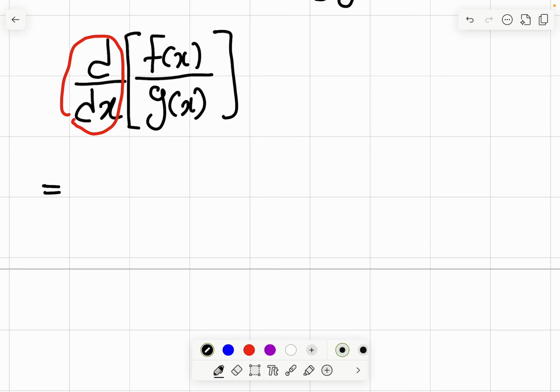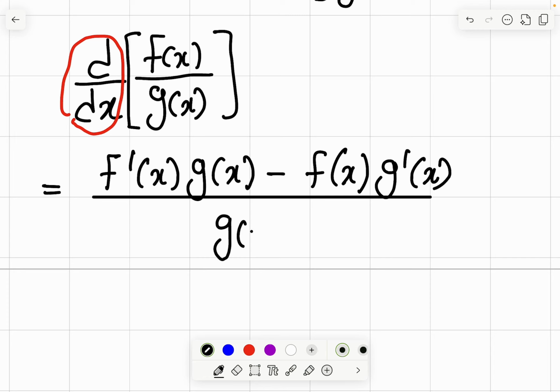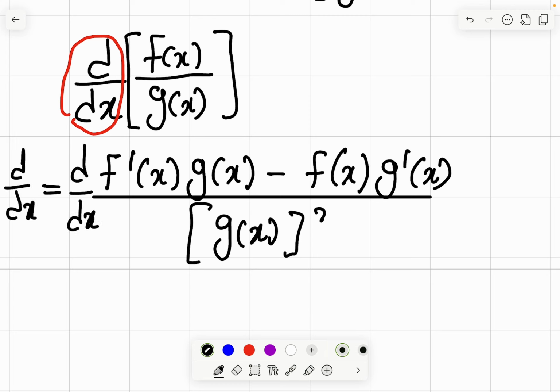You are going to be left with f prime of x, then g of x minus f of x, g prime of x, all divided by g of x, all squared. You must not put d over dx here or here. You leave it alone. Please don't put that.